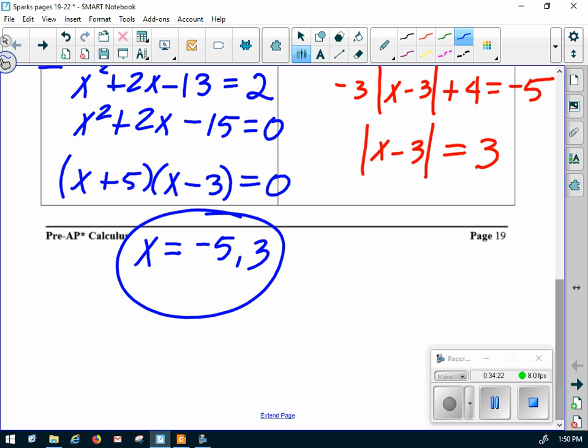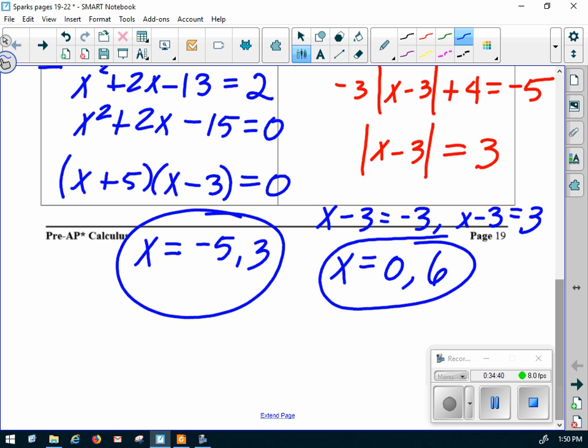What numbers have an absolute value of 3? So that has to equal negative 3 or 3. You should have your answers. You getting 0 and 6?